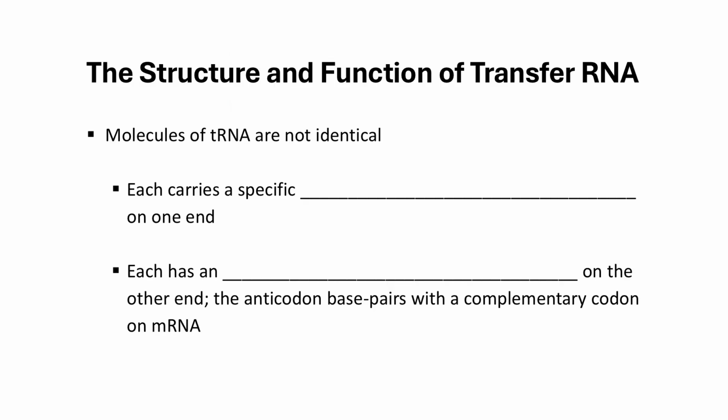So molecules of transfer RNA are not identical. Each is going to carry a specific amino acid on one end, and they're going to have an anticodon on the other end. The anticodon, as I just mentioned, is going to base pair with a complementary codon on the mRNA.